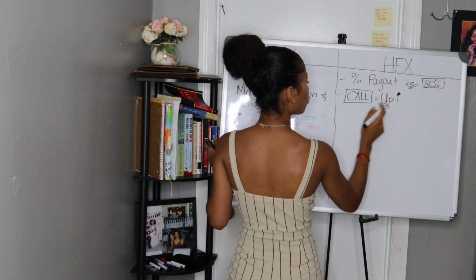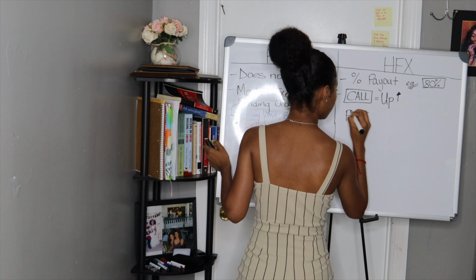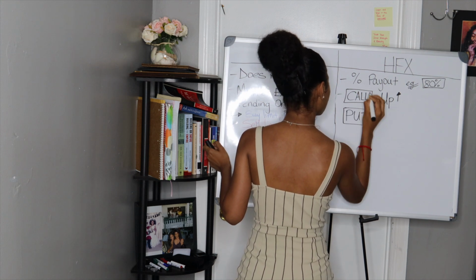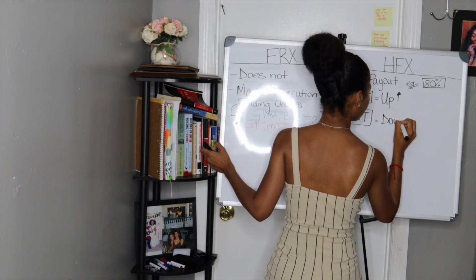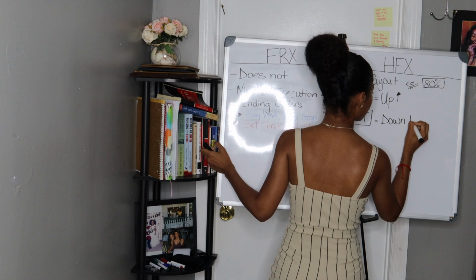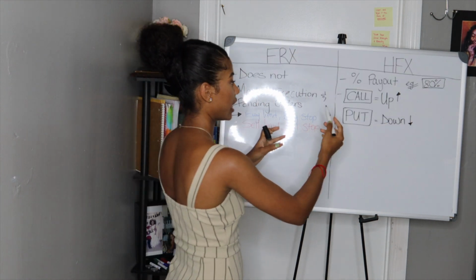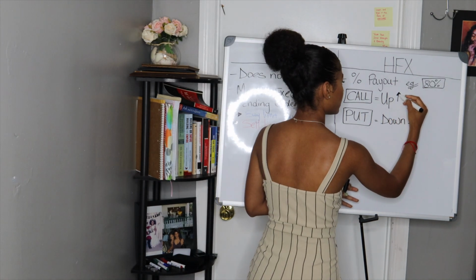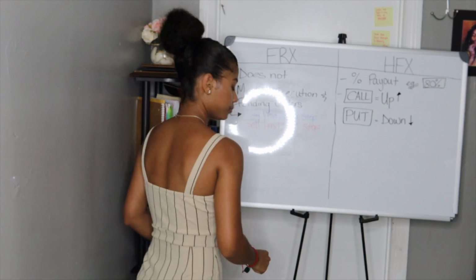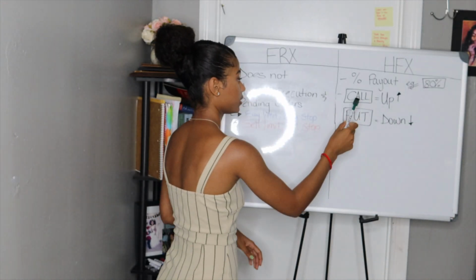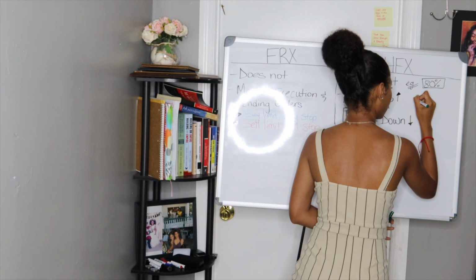And then you also have put, P-U-T. These are two buttons, right? Put means down, that the market is going in a downtrend. Call means the market is going to uptrend, so you're going to enter trades within those trends. So when you press call, that means that you are buying, okay?